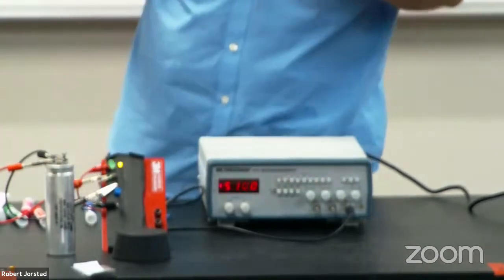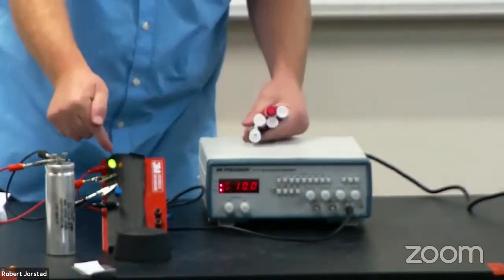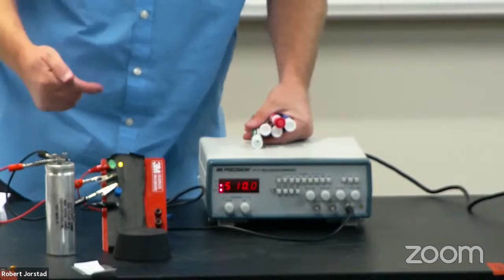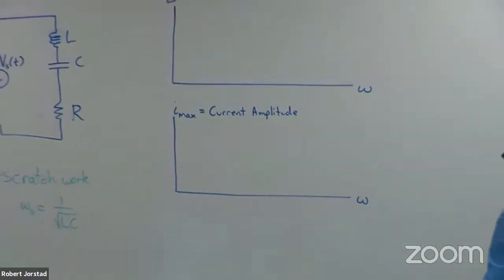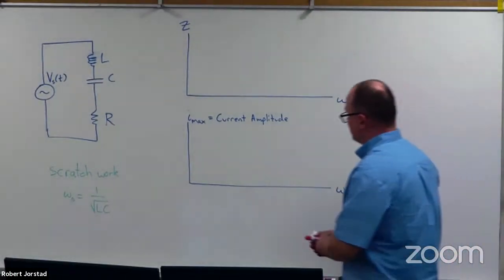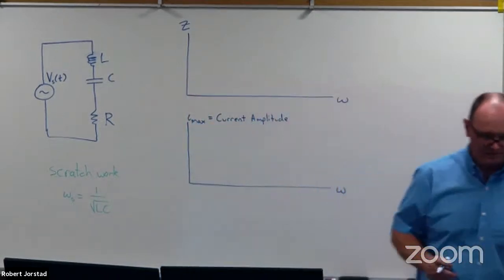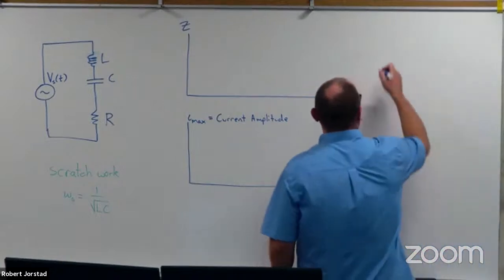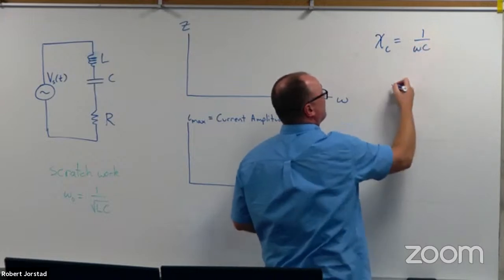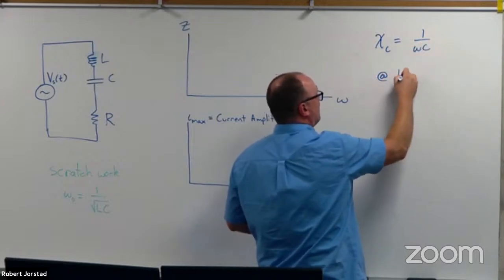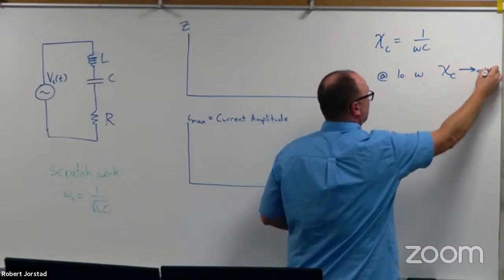So again, what are we trying to do? Let's go back to our main picture. We're trying to understand the brightness of this bulb as a function of omega. In this case, the trick is to remember the following things. We know that X sub C is 1 over omega C. At low omega, X sub C goes to infinity.